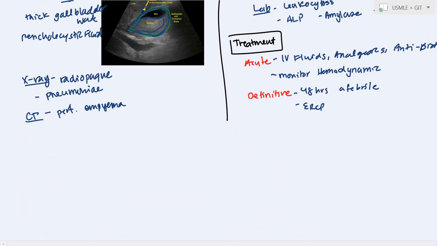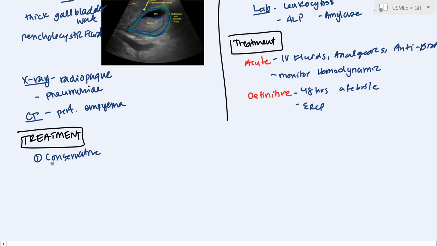For some reason, I forgot the treatment protocol for cholecystitis. So once you've confirmed cholecystitis, you want to initiate with conservative treatment. And this, just like cholangitis, is IV fluids, analgesics, and antibiotics.